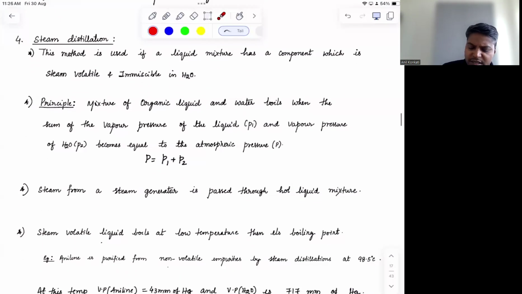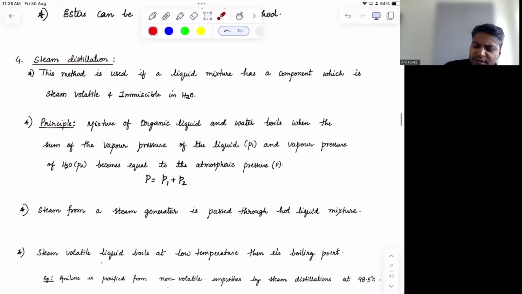Next, steam distillation. See, here it works on the principle where one of the organic compounds is immiscible in water. It should be immiscible in water.